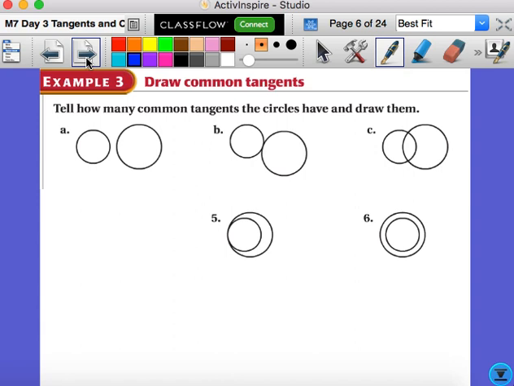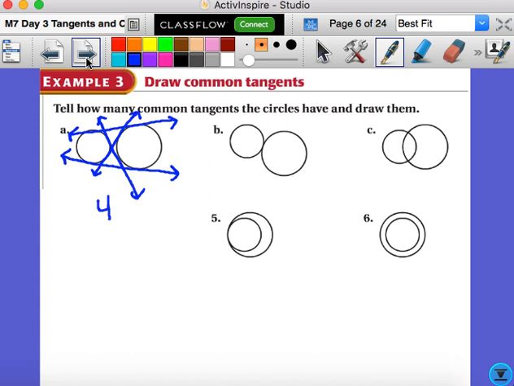Looking at these different pictures, we've got 1, 2, 3, 4 different common tangent lines. That is the maximum number of common tangents we could have for any 2 circles.